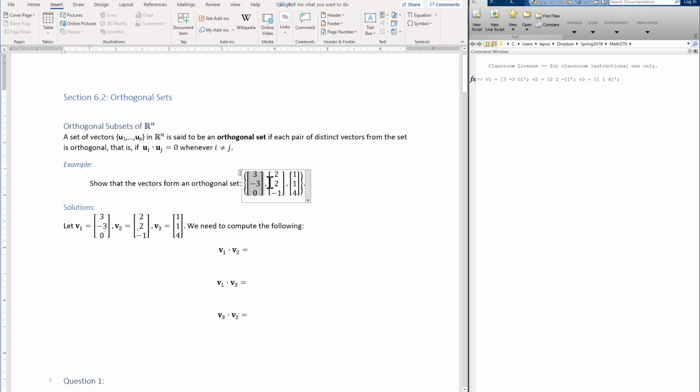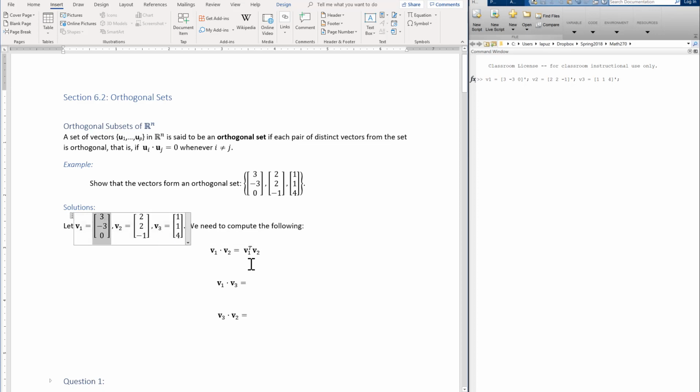Here we have three vectors, v1, v2, and v3, and they want us to know if this is an orthogonal set. So what we want to do is take the dot product of these two, or the inner product. So remember, the inner product is actually a matrix multiplication where you take the transpose of the first vector and matrix multiply with the second vector.